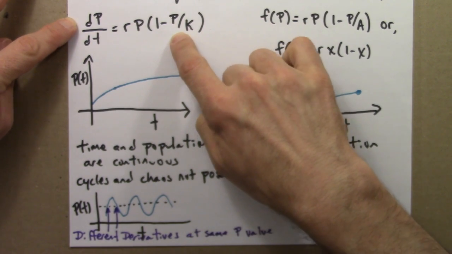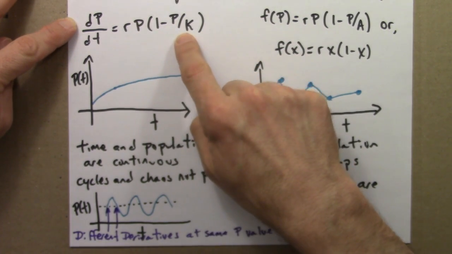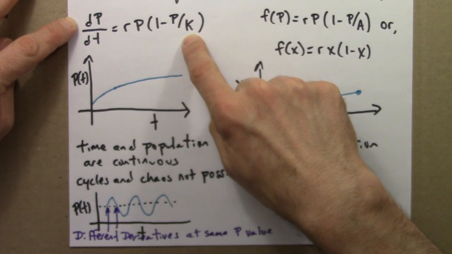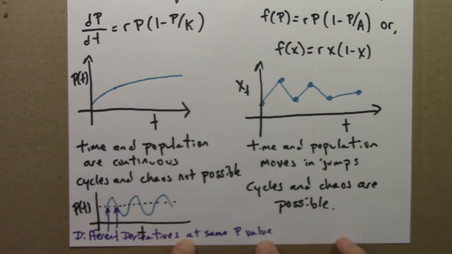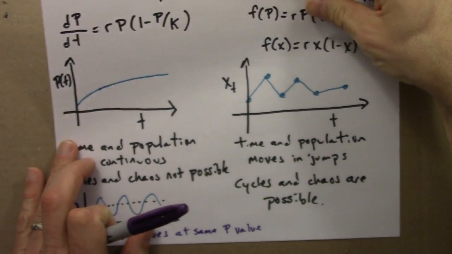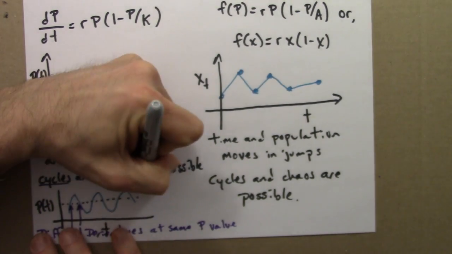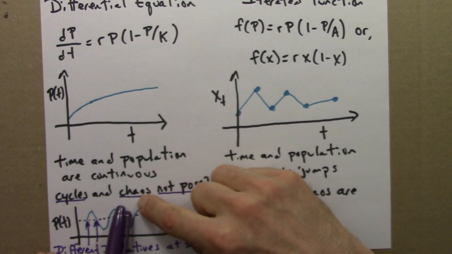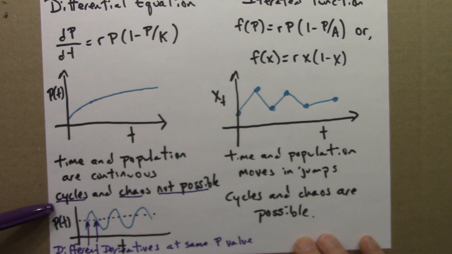Another way of saying that is a given p-value has only one derivative associated with it. If you know the population p, that determines a derivative. Here, knowing p does not determine the derivative, because you have different derivatives at the same p-value. So the conclusion is that cycles are not possible, and chaos isn't possible either. Any behavior that goes up and down doesn't have to be a regular cycle; we can eliminate it by this argument.